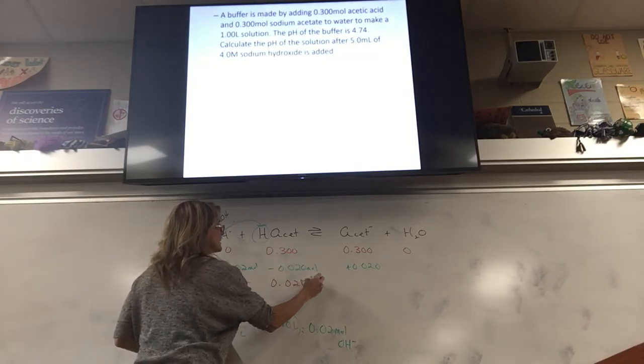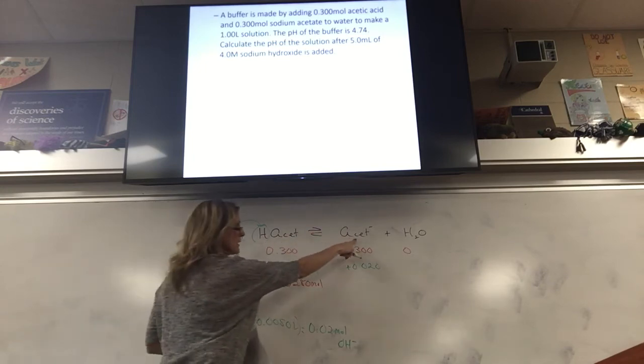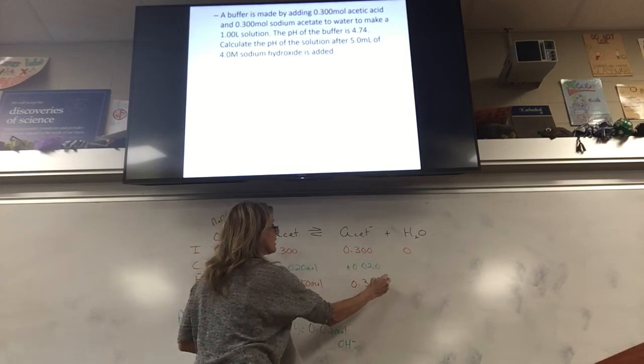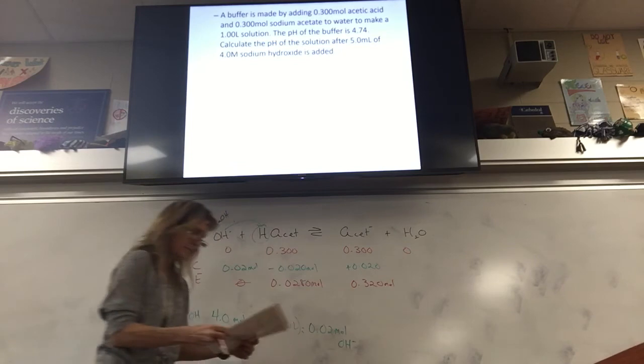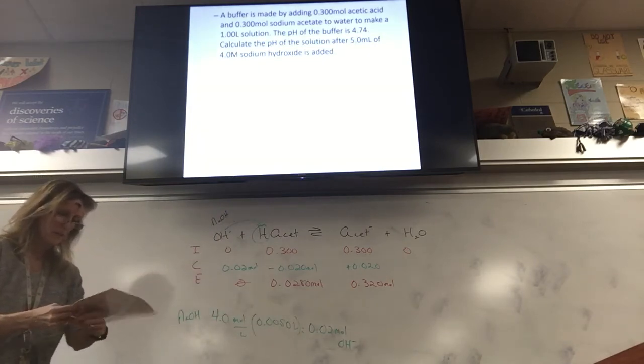reacting with the H to form the conjugate base, and that leaves us with 0.0280 moles of acid. And again, we reacted the hydroxide ion to make this conjugate base, so that goes up to 0.320 moles of our conjugate base.